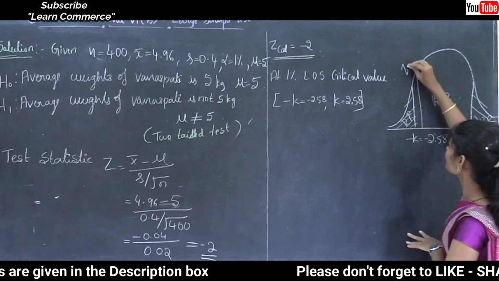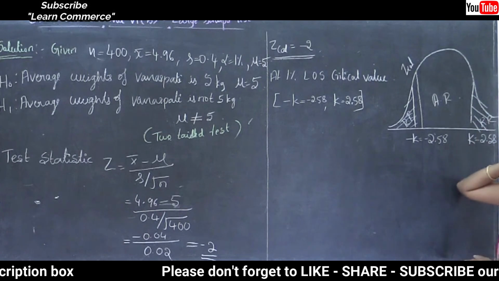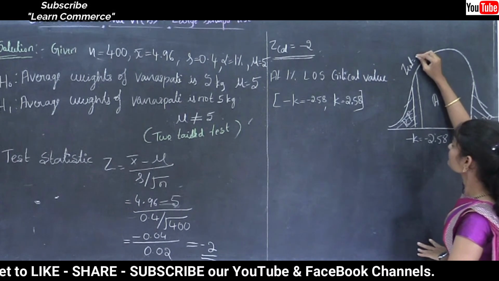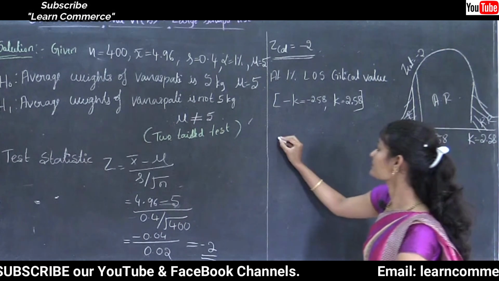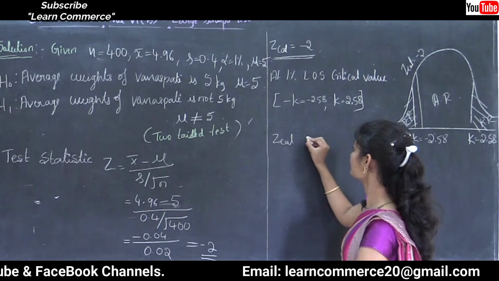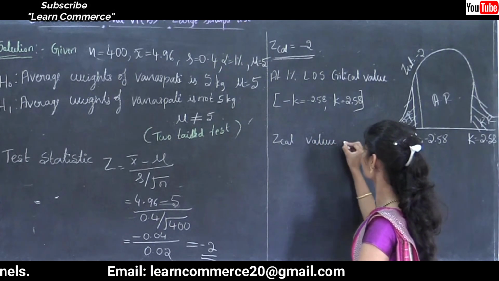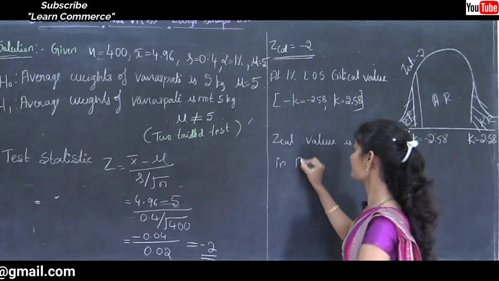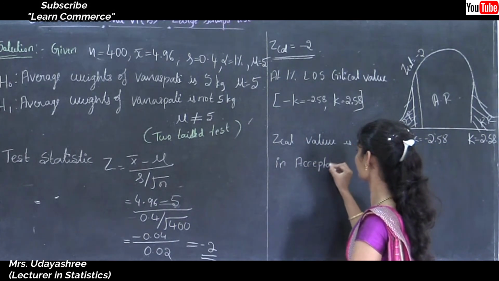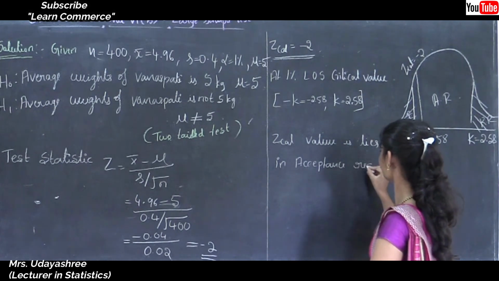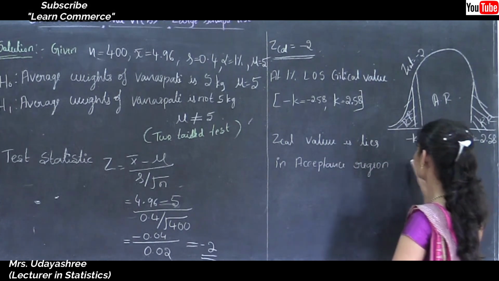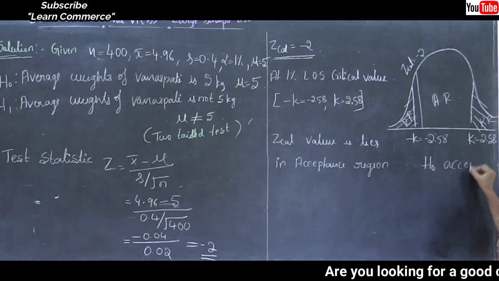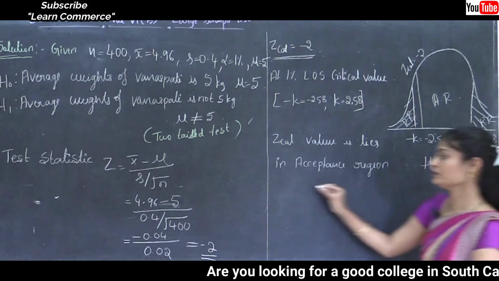So here calculated value lies in the acceptance region. So H naught is accepted. That is, here calculated value lies in acceptance region. Therefore H naught is accepted.